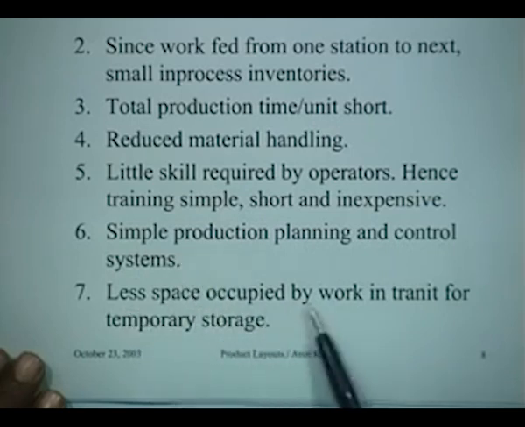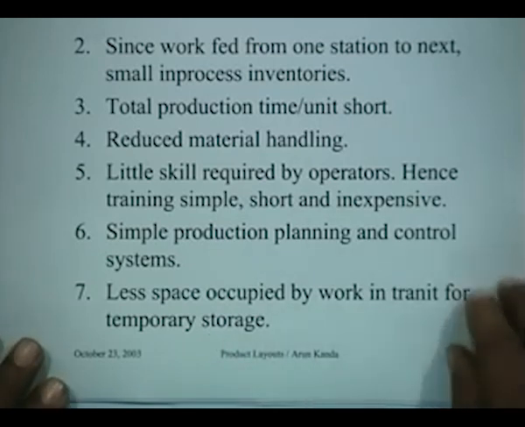Less space is occupied by work in transit for temporary storage. Obviously, because we have less transit storage, that kind of space is not really used up here. Whereas if you happen to walk through a process layout, walk through a foundry for instance, what do you find?